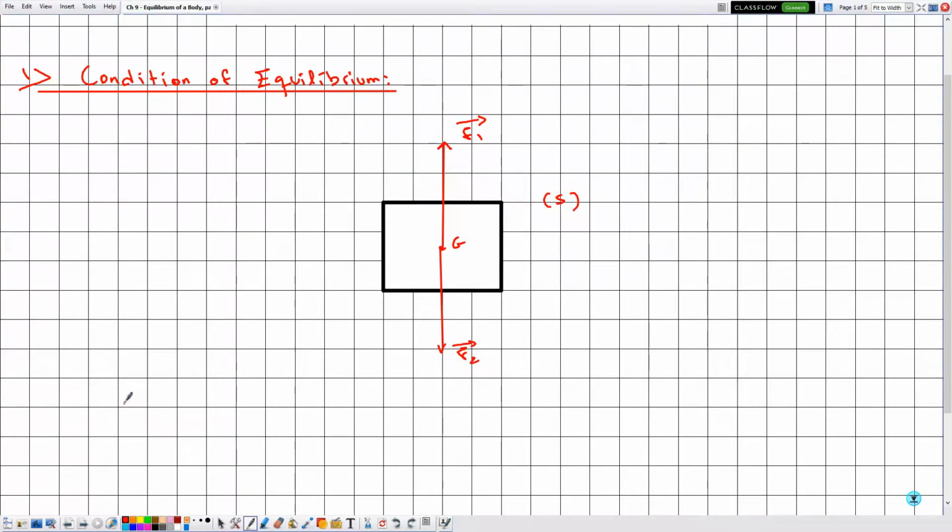And let me say that an object S is said to be at equilibrium under the action of two forces if it is at rest.